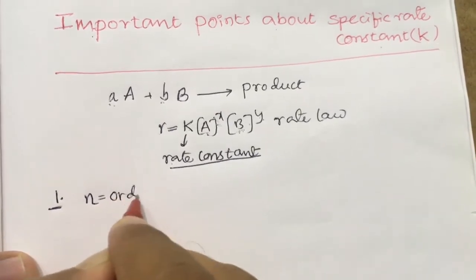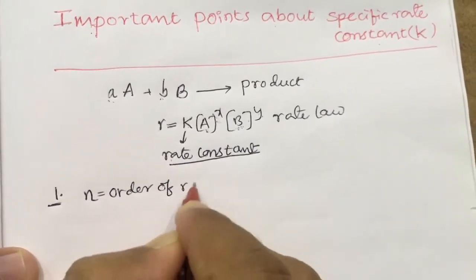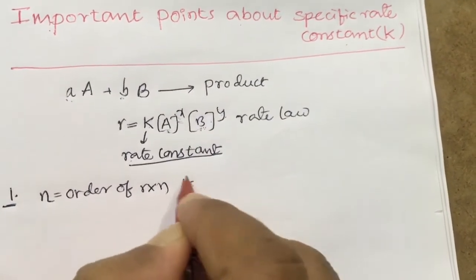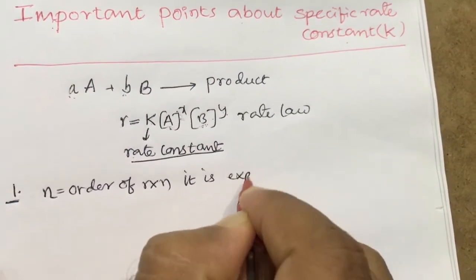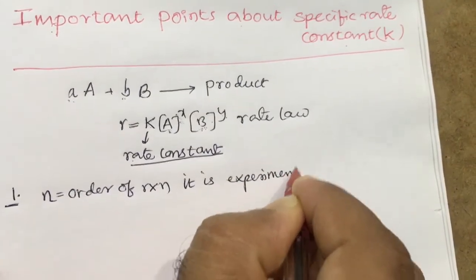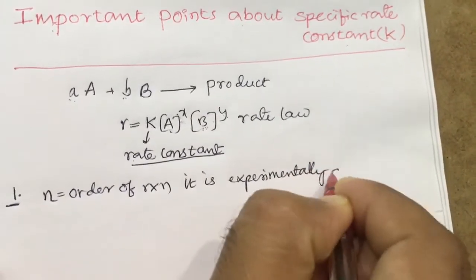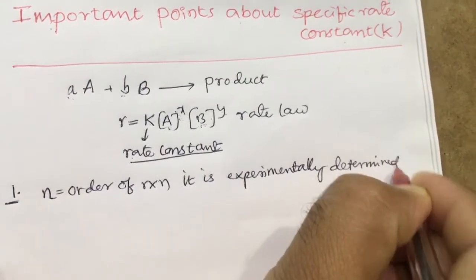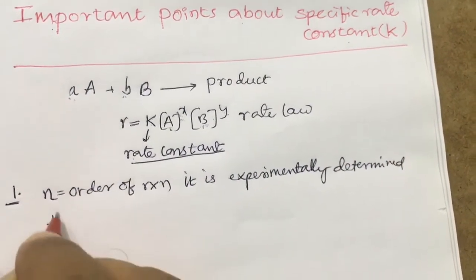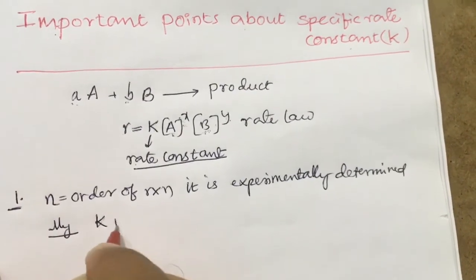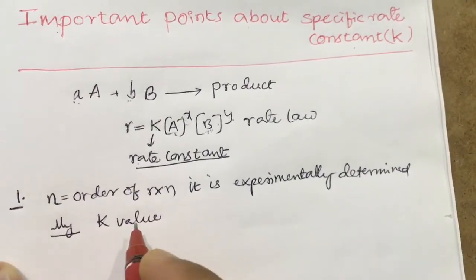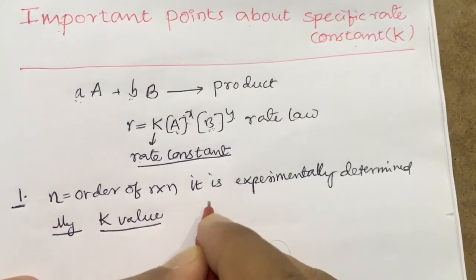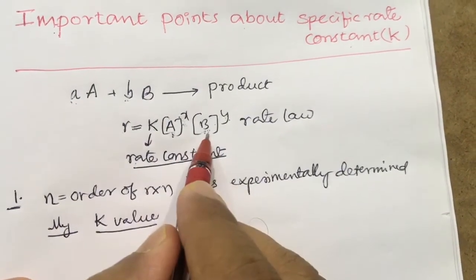This is the order of reaction, and it is experimentally determined. Similarly, the specific rate constant value is also determined at the appropriate concentration of the reactants.